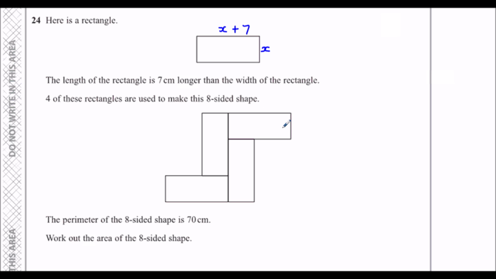So we've got x plus 7 here, x here, x here, x plus 7, x plus 7, and another x plus 7, and an x. The only bits I haven't put in are these bits.